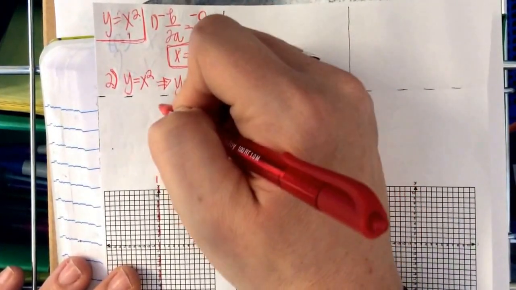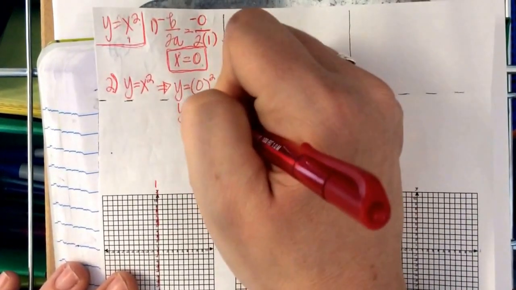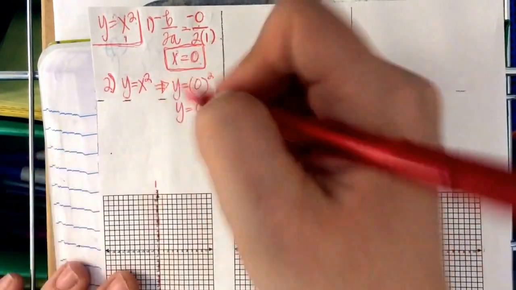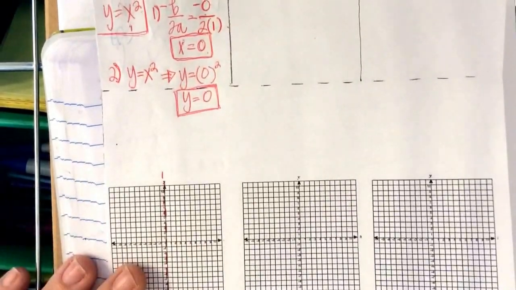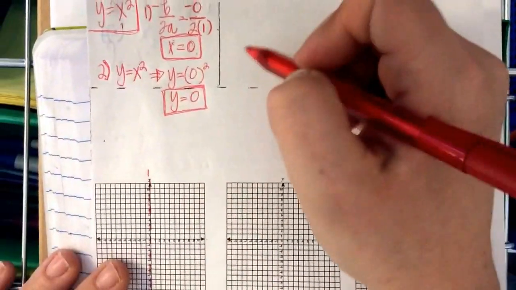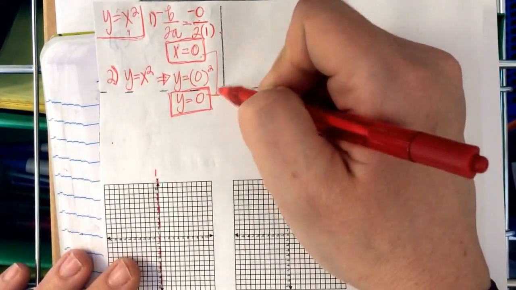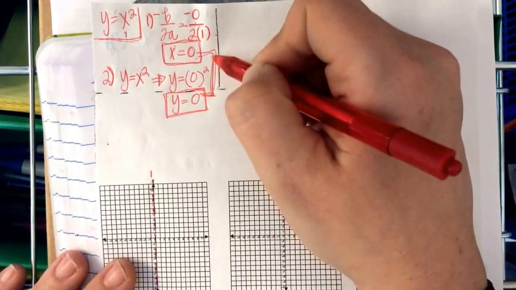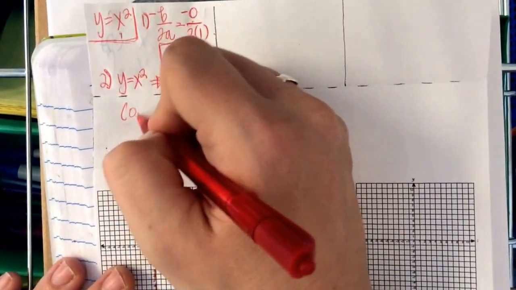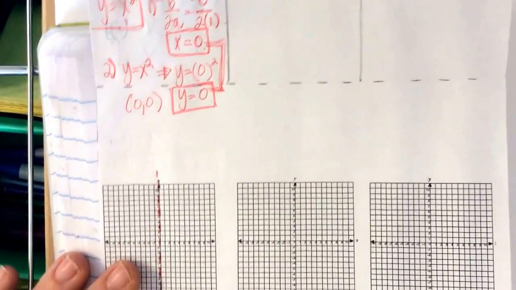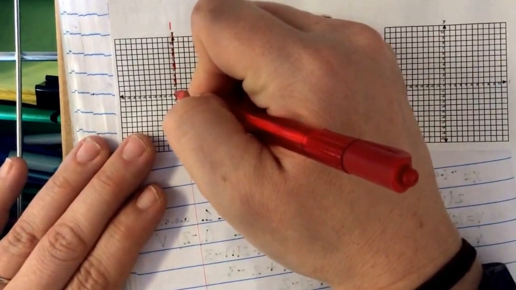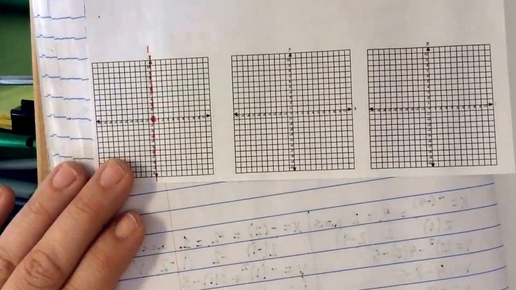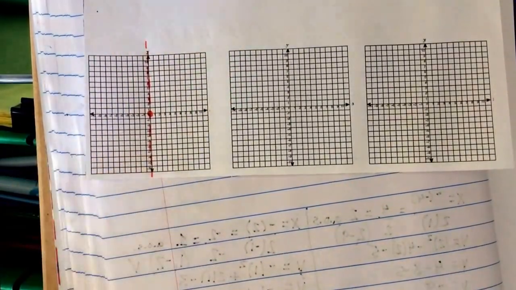Yeah, 0 squared is 0. So what does that mean? I combine them to make my vertex. 0, 0. Am I done?